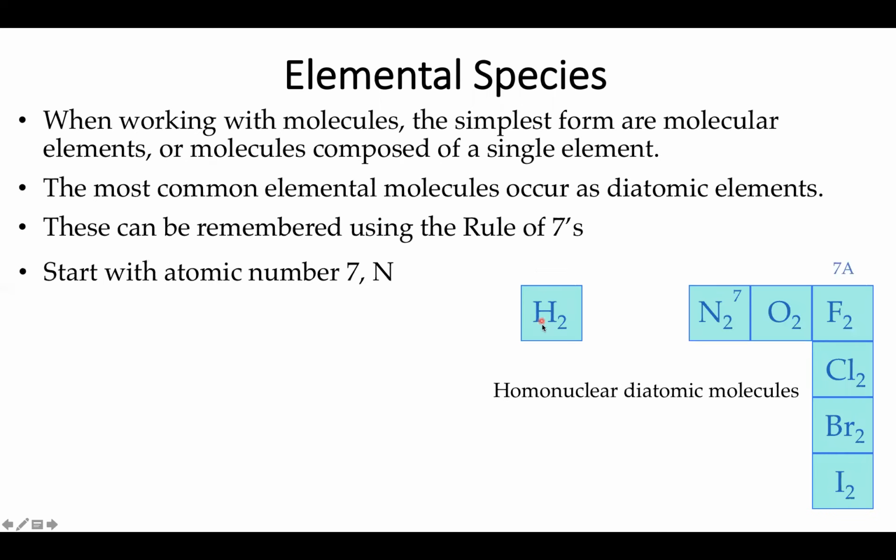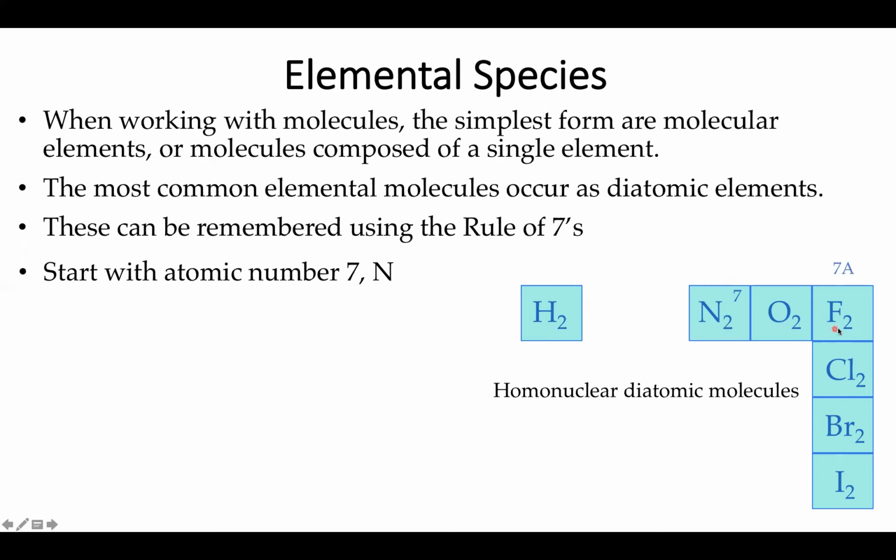So what we do here is we can go ahead and start with nitrogen, atomic number 7. Then we go over to fluorine and we go down, making a 7. It is worth noting fluorine's an easy place to think about because we go over to halogens, because after that, we're at noble gases, and noble gases like to be on their own.